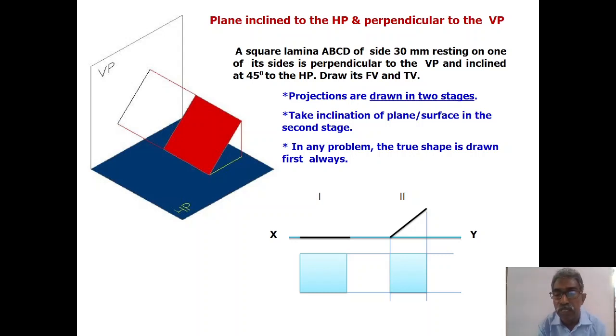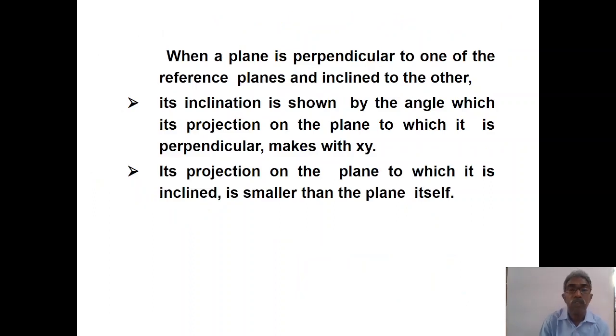You start the problem depending upon the inclination of the surface in the second stage. When a plane is perpendicular to one of the reference planes and inclined to the other plane, its inclination is shown by an angle which its projection on the plane to which it is perpendicular makes with XY.